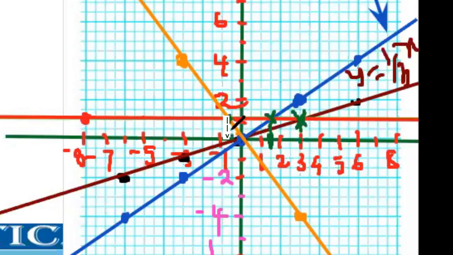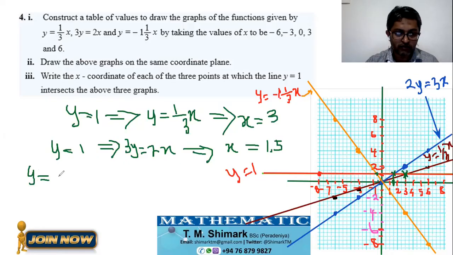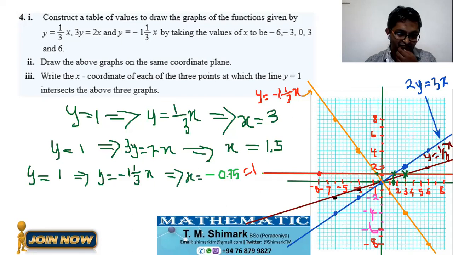If you had drawn a little bit bigger, you could have seen this. With y equals 1 in my equation y equals minus 4/3 x, the x-coordinate is going to be minus 0.75.